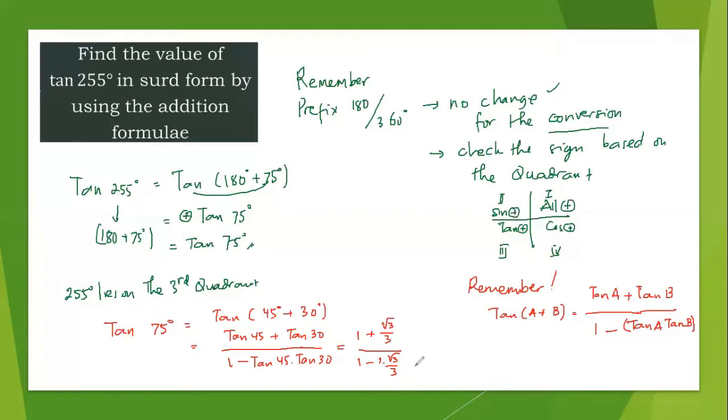Look at the denominator: the LCM is 3, so better to multiply by 3, for both. So automatically you'll find 3 times 1 is 3, plus root 3, over 3 times 1 is 3, minus root 3. Finished!